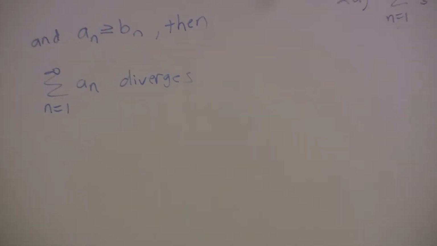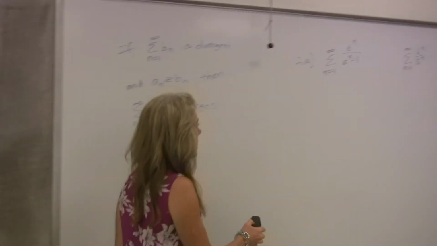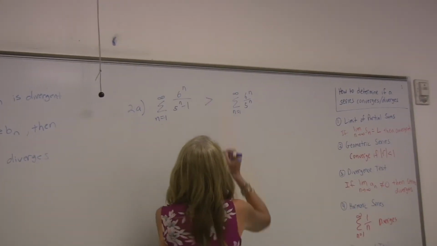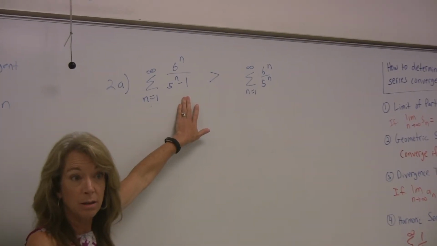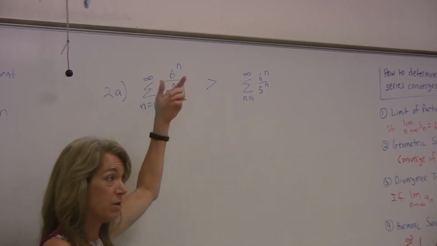Is our series bigger or smaller than that? Bigger. Why is it bigger? Because there's a minus one in the denominator. Beautiful. The denominator on this one is a little bit smaller, which means the fraction's bigger. When your denominator's smaller, the fraction's bigger.